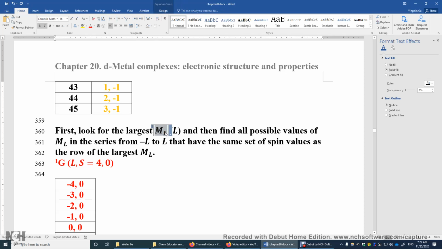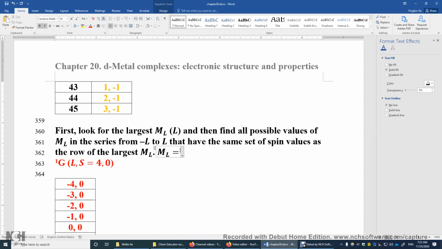If you remember, in general chemistry, this m sub l can be from -L to positive L. So the largest m sub l is equal to the value of L. Alright, so I want to put the rule here.